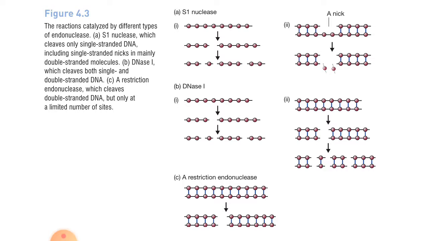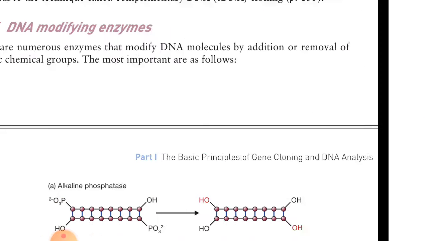So DNase is an enzyme that cuts the DNA in between. And DNase is used for cutting single stranded DNA as well as double stranded DNA. It works for both. And this restriction endonuclease, here is the name endonuclease, so it cuts the DNA in between.